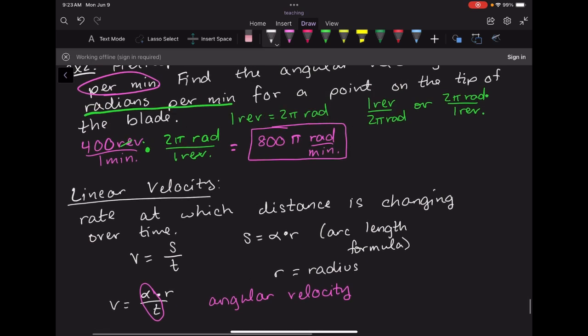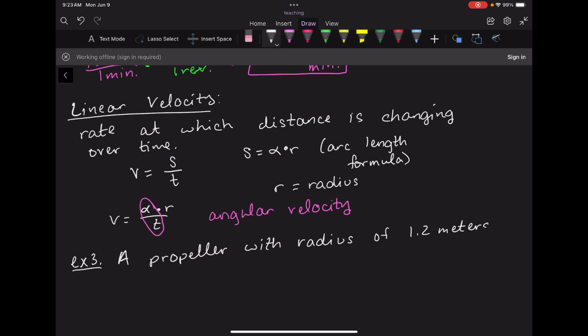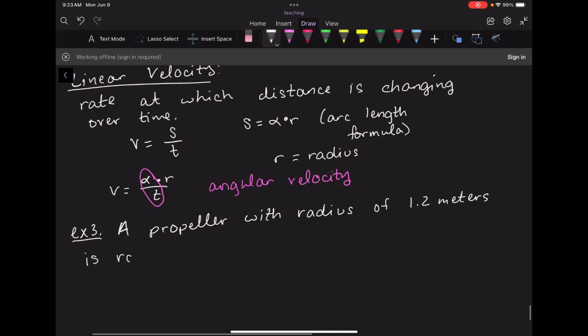So let's do another example. This will be example 3 for us. It says a propeller with radius of 1.2 meters is rotating at 1400 revolutions per minute.